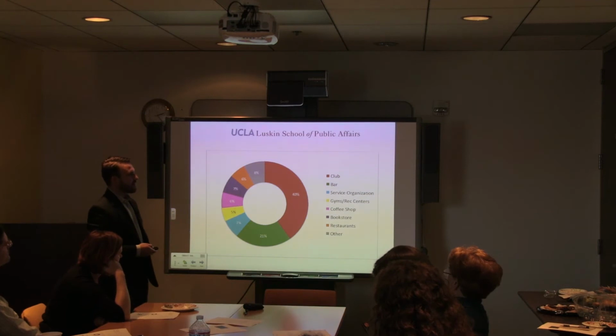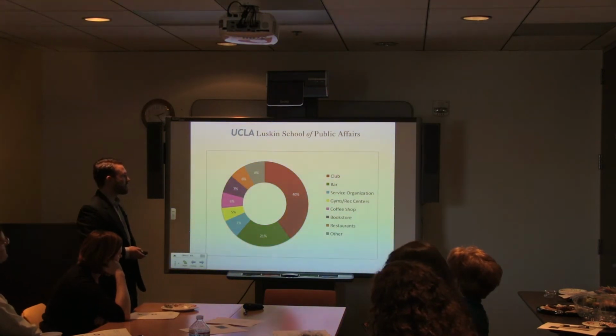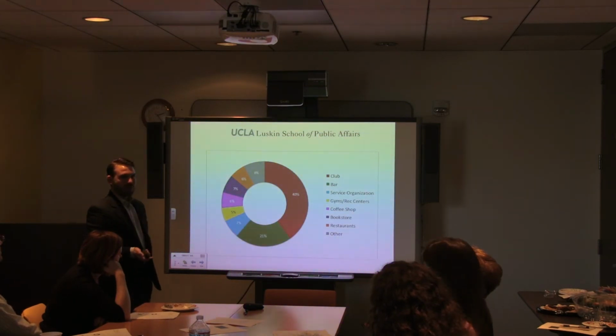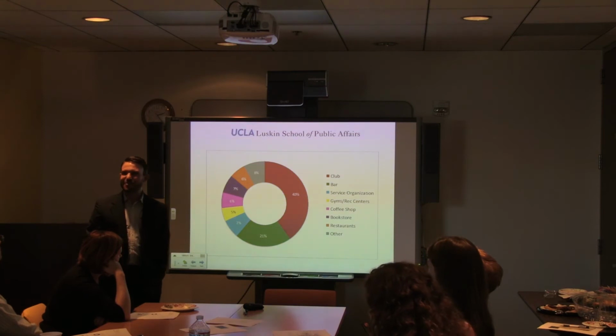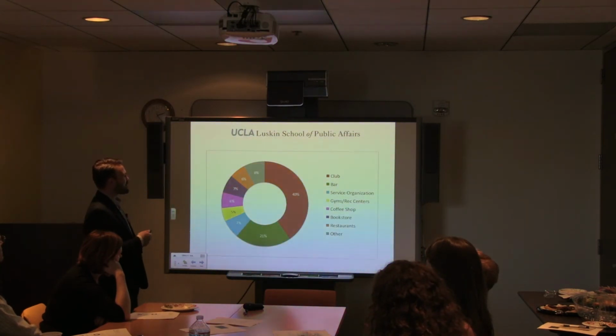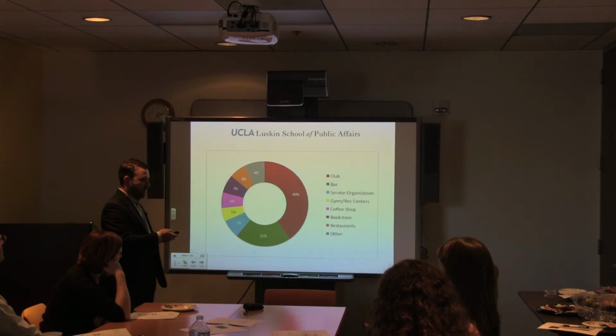These are the types of venues that young men nominated in our sample. So a little over 60% were bars and clubs, perhaps not so surprising for those of you who work with young MSM. Smaller numbers of service organizations, gyms or recreation centers, coffee shops, bookstores, restaurants, or other types of events.